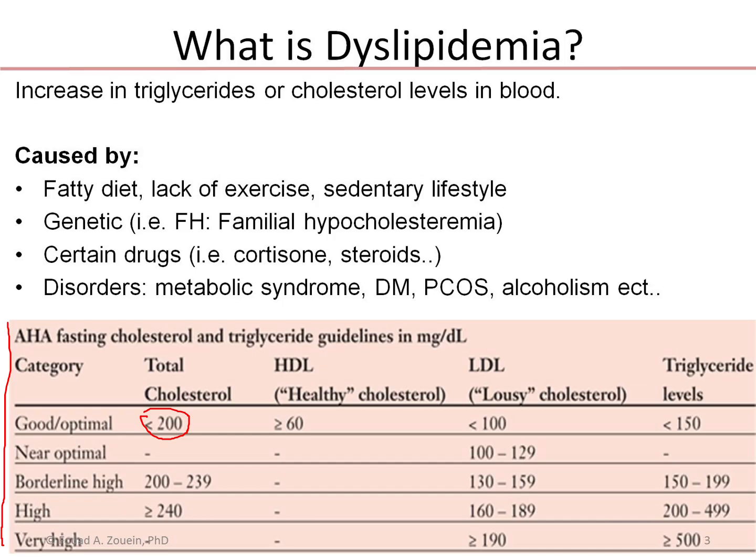People who eat too much and have a sedentary lifestyle can gain a lot of weight and store their energy as fat, which increases the risk of dyslipidemia. The optimal triglyceride level is less than 150 milligrams per deciliter.